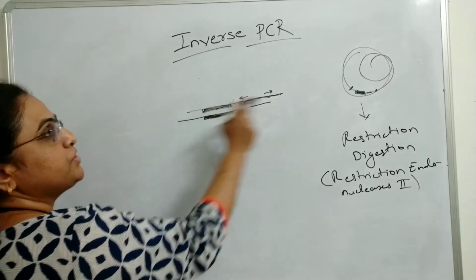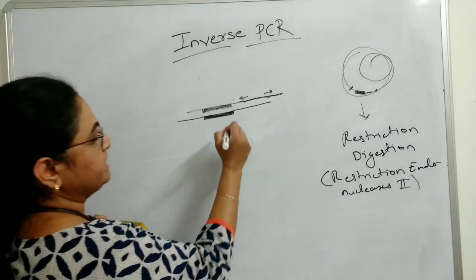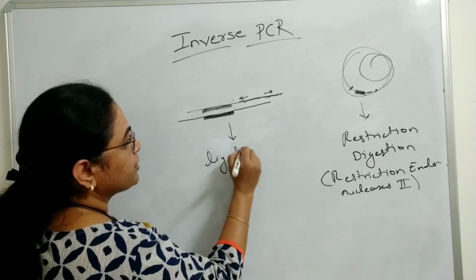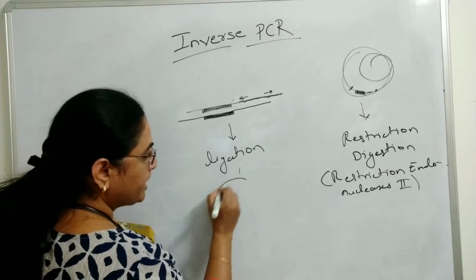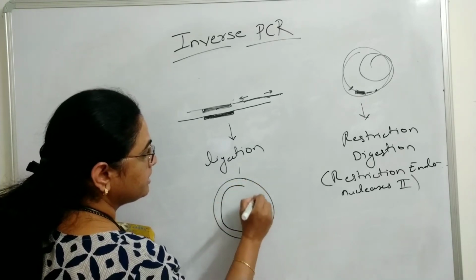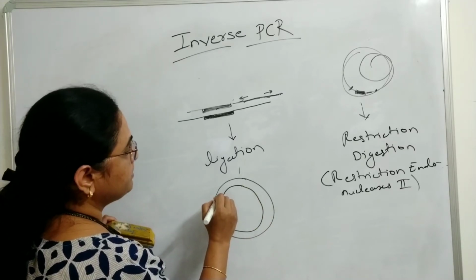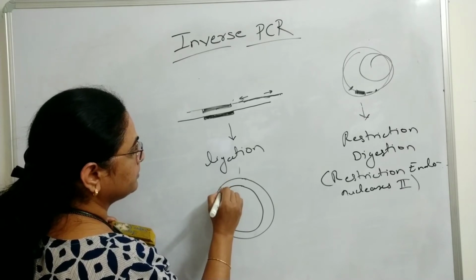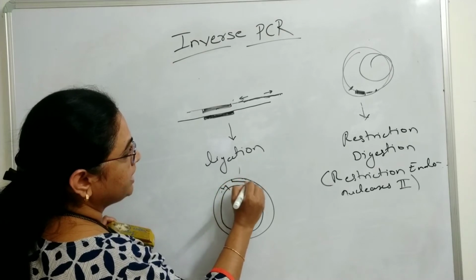After restriction digestion, there is a generation of what? There is a generation of the sticky ends. Then you have to go for the ligation. After ligation, you are getting the double stranded DNA. Okay, understood?